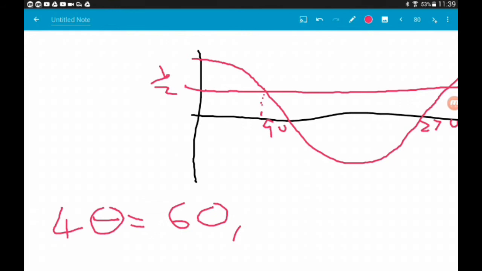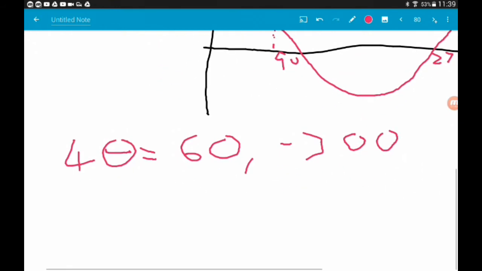But we have a negative part of our interval. So what happens if we subtract 360? We are going to get minus 300, which is in our interval for 4 theta. So that value is important. So here then are our first two values for 4 theta.